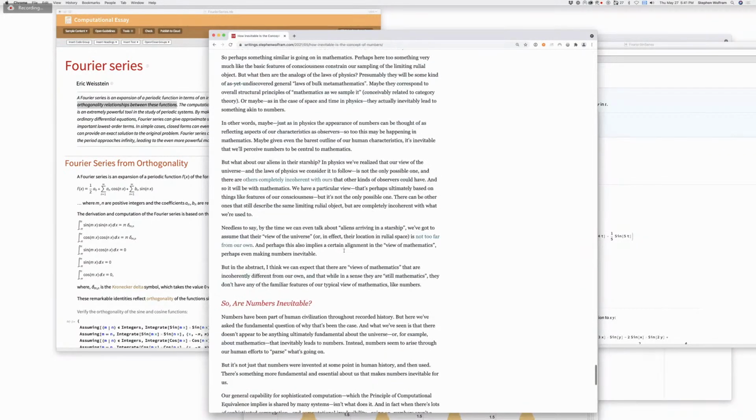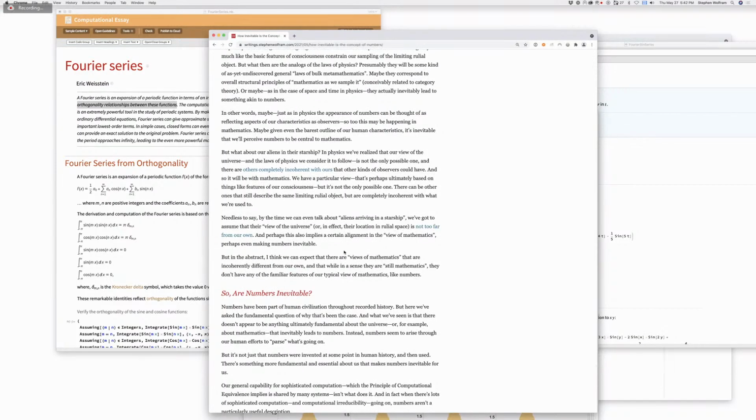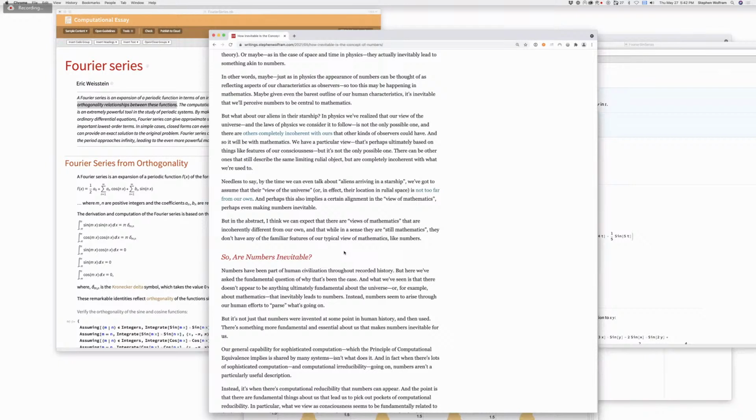I don't know what else is there. Another one here. Okay, so again, how do you start this section?